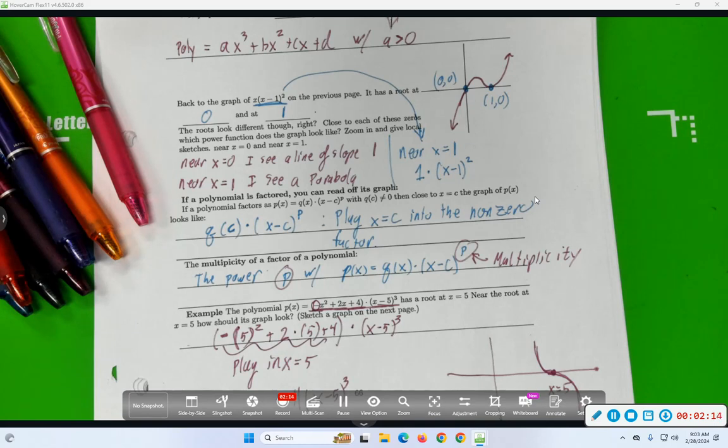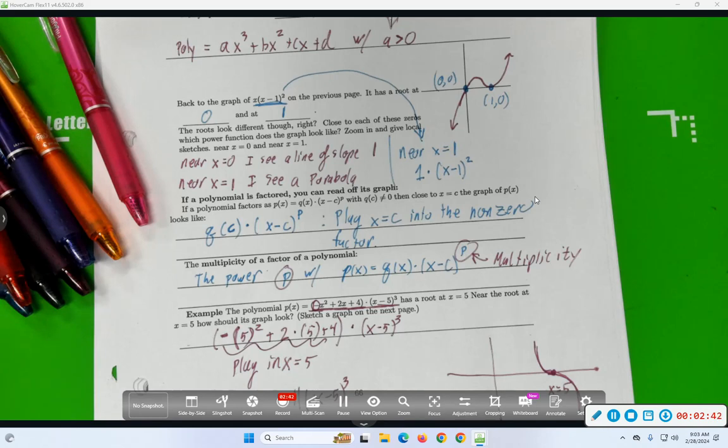So, right, that looks really technical. What does this say? This says that if you can pull out a bunch of linear factors, and in fact you've pulled out all the linear factors, so this remainder term q of x has the property that it's not 0 when you plug in x equals c, then the graph near x equals c will be given by just plugging x equals c into all of the x's that don't result in a 0.